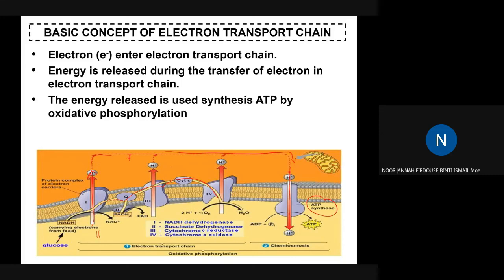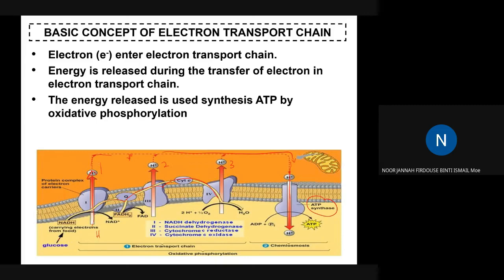Jadi bila hydrogen ion tadi dipam-pam, ada tiga laluan pam proton. Tiga laluan pam proton menyebabkan kepekatan proton di ruang antara membran lebih tinggi. Jadi ion hidrogen akan bergerak secara pasif masuk ke dalam matriks semula melalui pengangkutan pasif. Jadi tak gunakan tenaga kan.